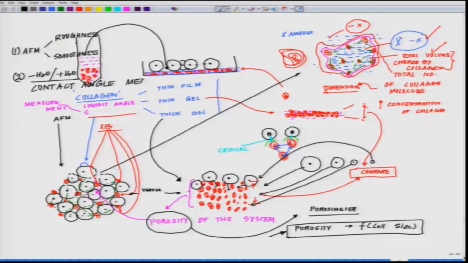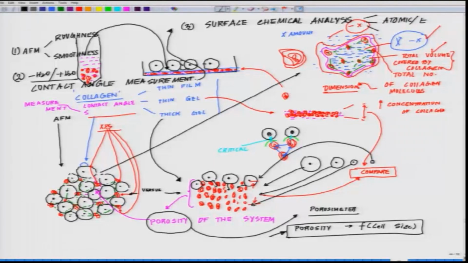Three, followed by that, what you can do is surface chemical analysis, right? So, where you have the atomic or elemental mapping and quantification.